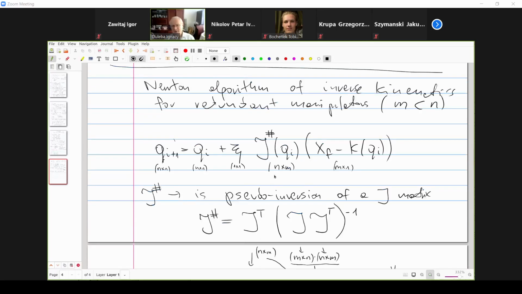If we have regular configurations, this matrix is all the time invertible, and the algorithm iteratively allows us to obtain the desired Q star configuration.